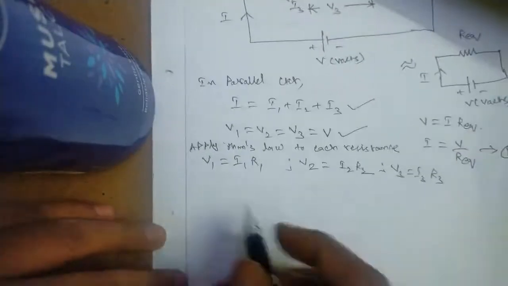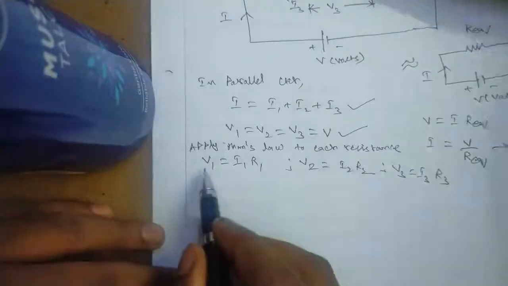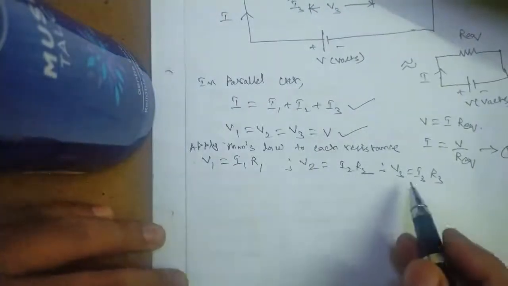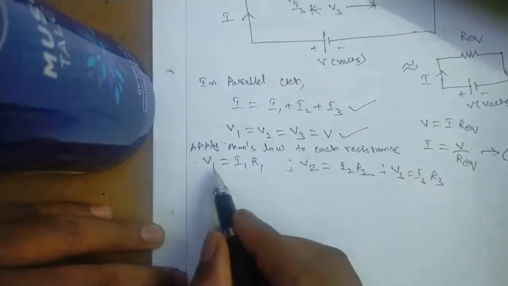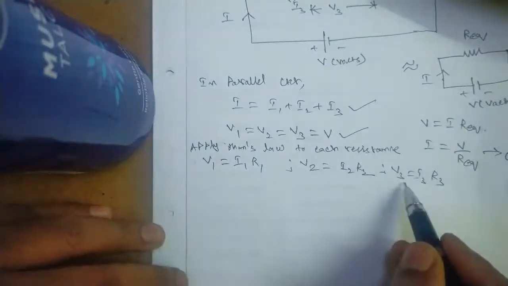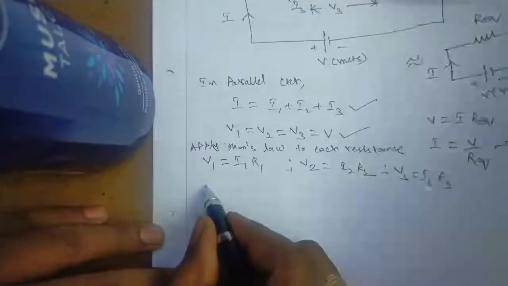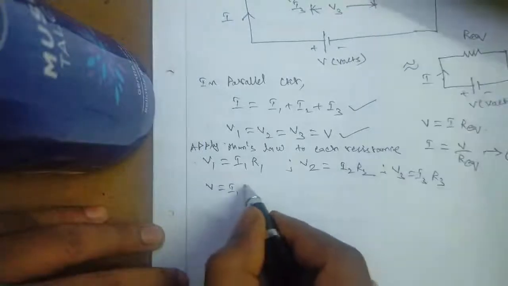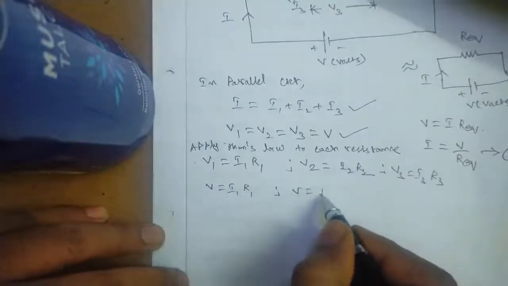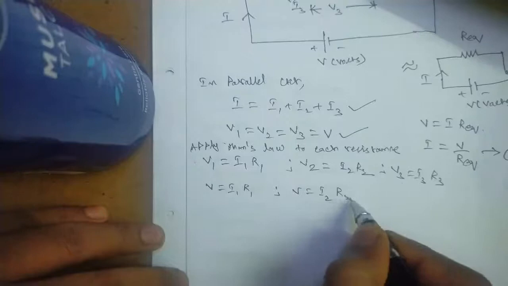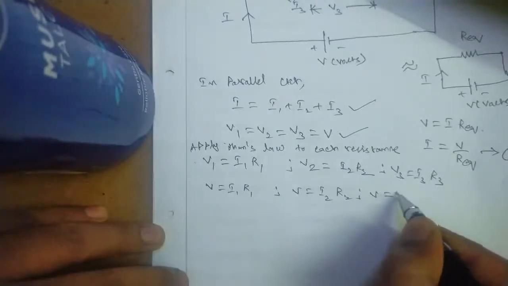But we know that the voltage across all the elements is the same, that is V. In place of V1, V2, V3 we may write V. Then V is equal to I1 R1, V is equal to I2 R2, and V is equal to I3 R3.